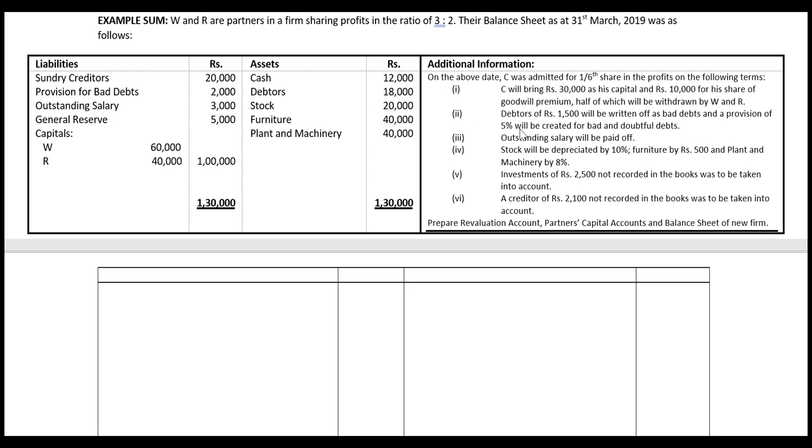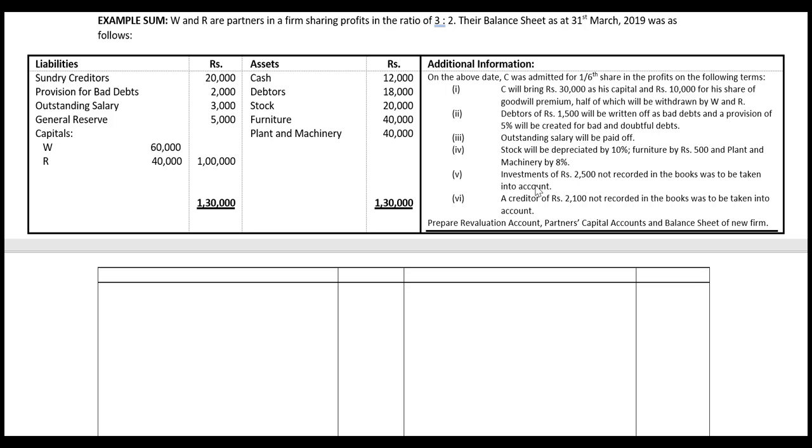Second point, debtors of rupees 1,500 will be written off as bad debts and a provision of 5% will be created for bad and doubtful debts. Third point, outstanding salary will be paid off. The fourth point, stock will be depreciated by 10%, furniture by rupees 500 and plant and machinery by 8%.